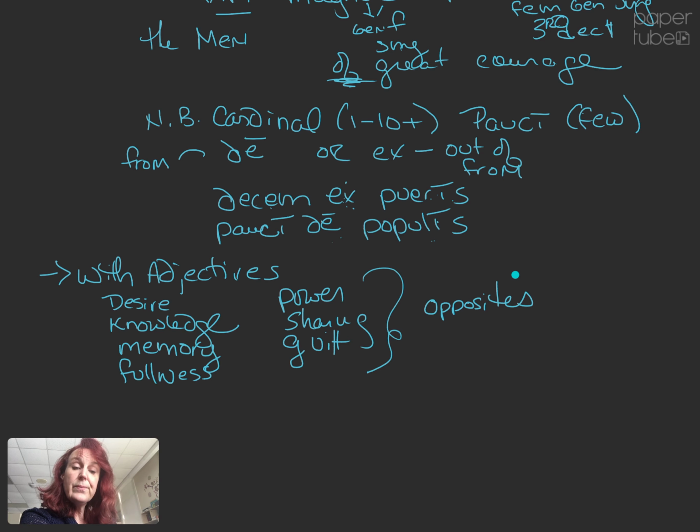The general rule. In English, if we complete the meaning of an adjective with an of, it goes in the genitive. If we complete the meaning of the adjective with to or for, that noun would go in the dative. So we pull that of, to, and for into English with us. So what is an example?